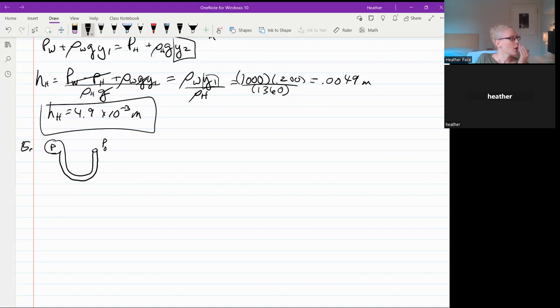And we are looking for what is P gauge. Okay. Let's write down what we're given. We are given the height of the right tube, 0.115 meters. We are given rho of mercury, which we were given last time also.